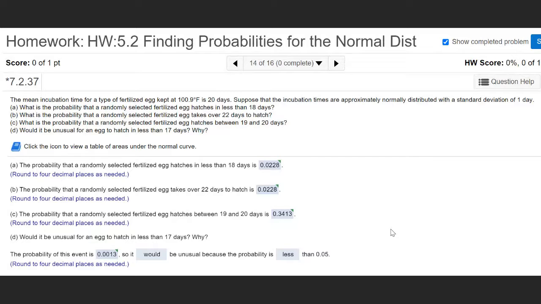On this one, it's actually written in words, so I'm going to have to write the probability statement myself. The A part says, what is the probability a randomly selected fertilized egg hatches in less than 18 days? So let me show you how I'm going to write that.